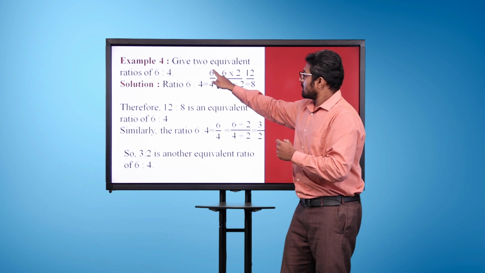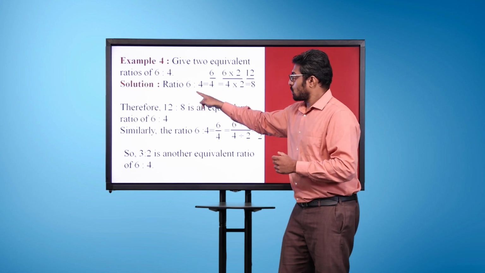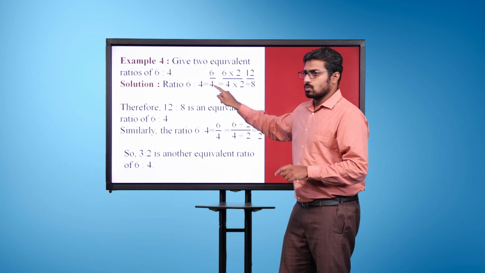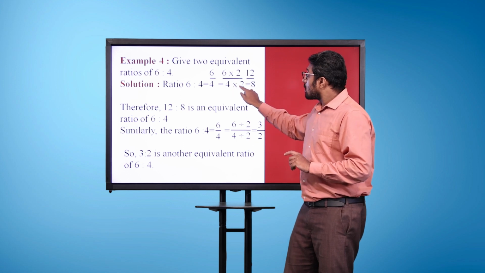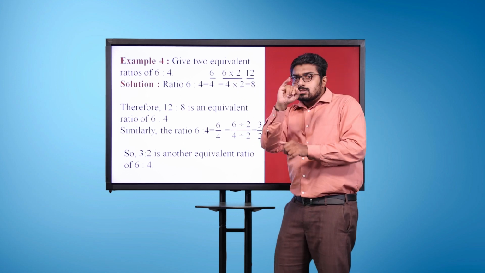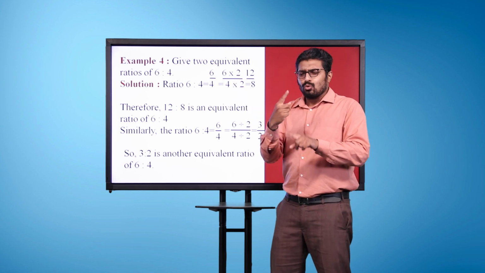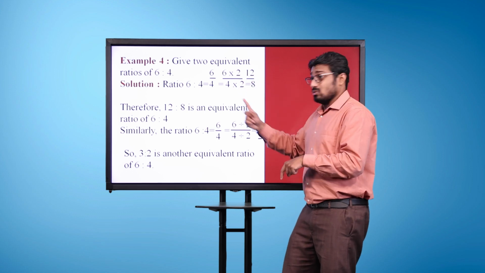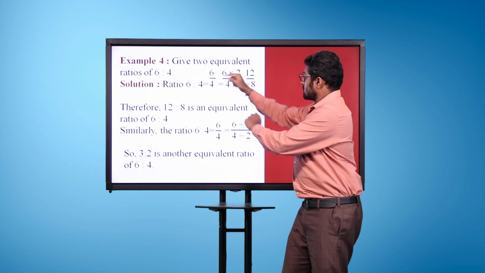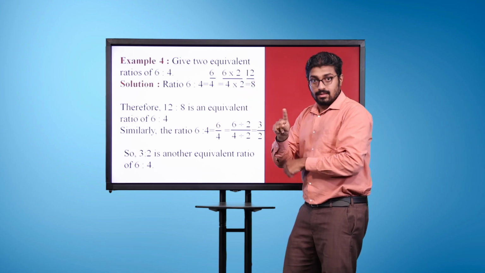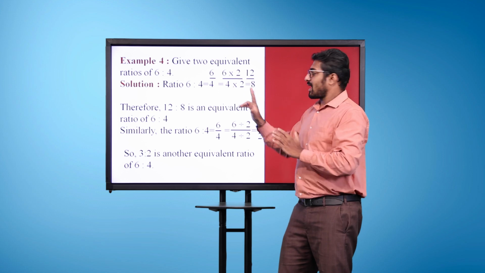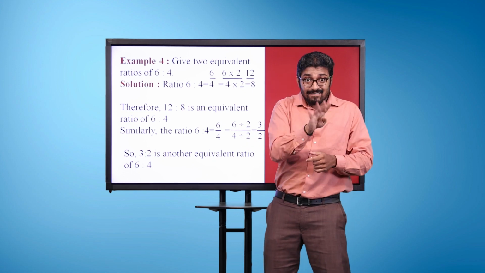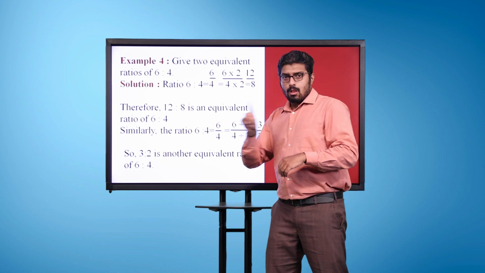Ratio 6:4 is equal to 6/4, which is equal to 6 multiplied by 2 upon 4 multiplied by 2, which is equal to 12/8. Therefore, 12:8 is an equivalent ratio of 6:4.